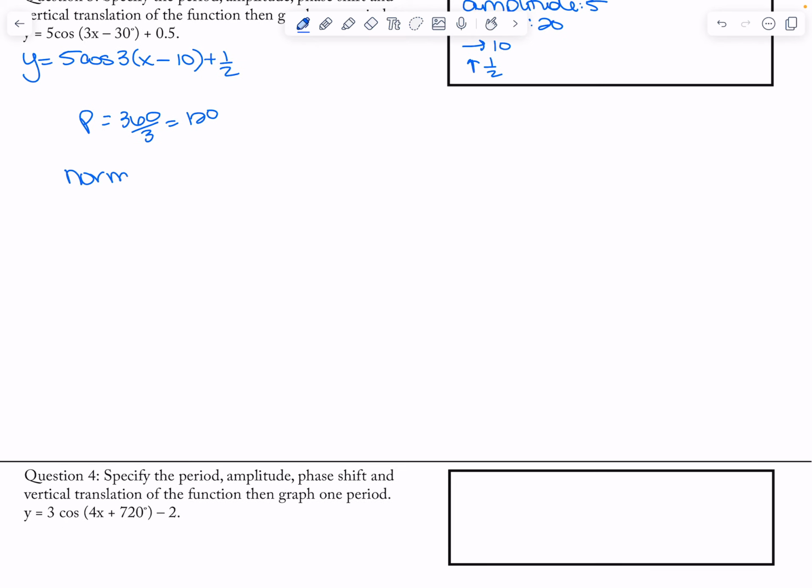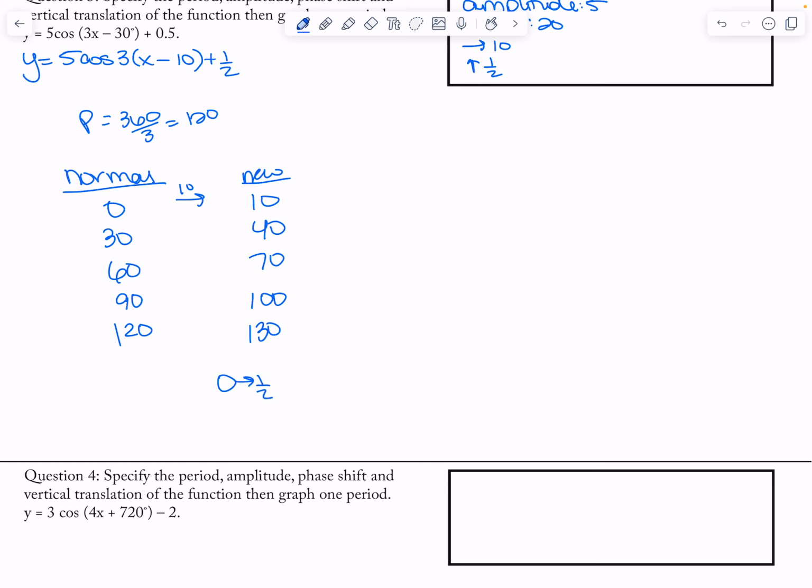So my normal values are 0, 30, 60, 90, and 120. Then I'm going to the right by 10. So my new values are 10, 40, 70, 100, and 130. My 0 becomes 1/2. My -5 becomes -4.5, which is -9/2.